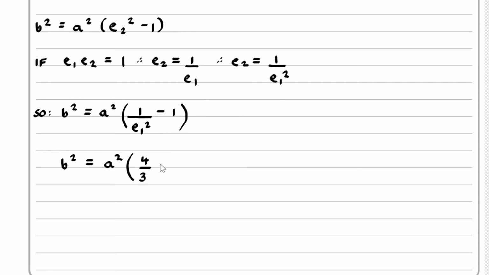So we have 4/3 subtract 1, and therefore, recognizing that 4/3 subtract 1 is equal to 1/3, and then multiplying through by 3, we can conclude a squared is equal to 3b squared.